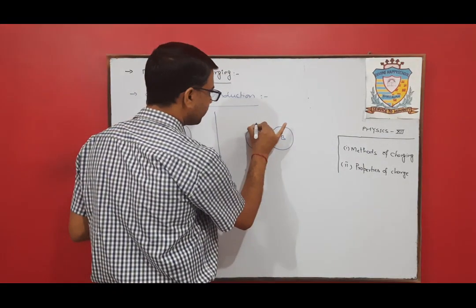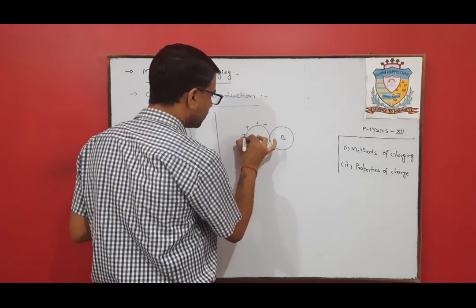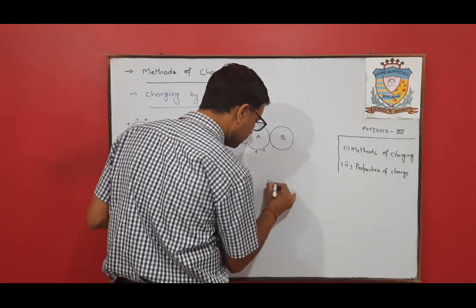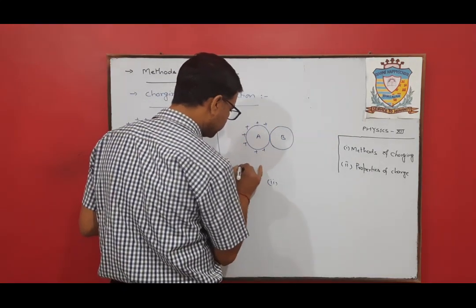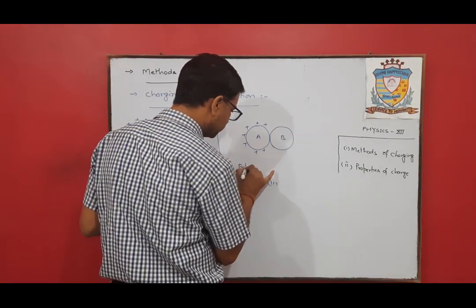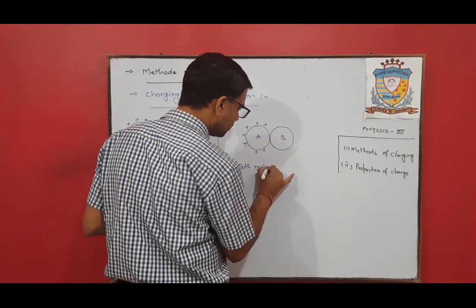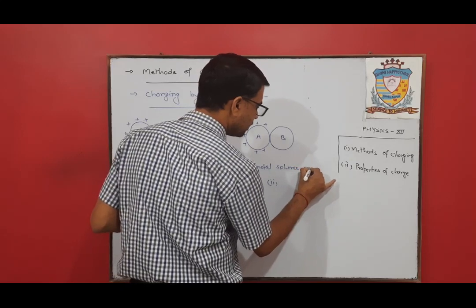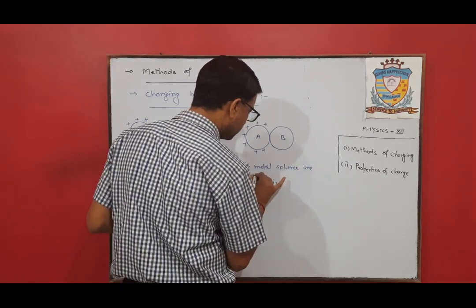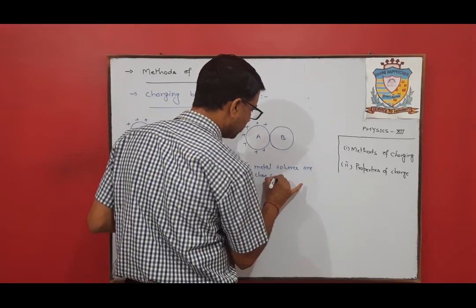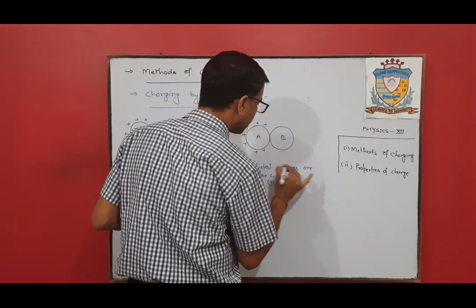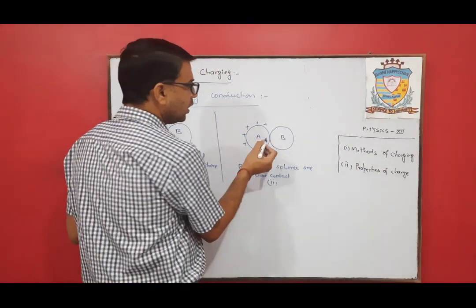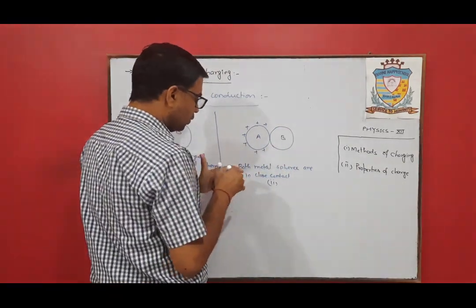So figure 2 represents both metal spheres in close contact. Okay, now what will happen? The free electrons of B move from B to A.